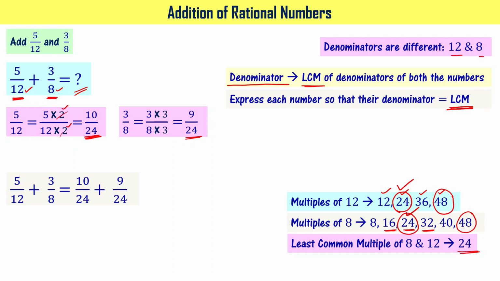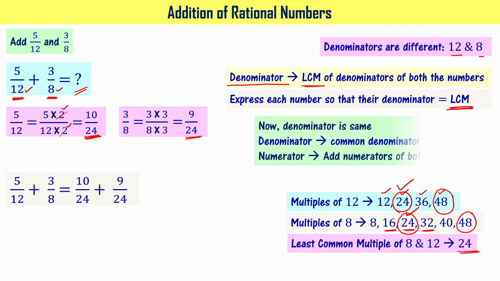Now in this particular case, you can say that the denominator is the same, that is 24. Once the denominator is the same, the denominator of the resultant number is going to be the common denominator, right? And the numerator can be obtained by adding the numerators of both the numbers. It means the numerator can be obtained by adding these two numbers 10 and 9, and the denominator is the common denominator, that is 24.